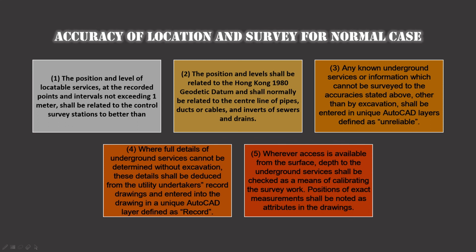This detail shall be obtained from the utilities undertaker's record drawings and entered into the drawing in a unique AutoCAD layer defined as record. And lastly, wherever access is available from the surface to the underground, the survey shall be checked as a means of calibrating the survey work. Position of assets measurement shall be noted as attribute in the drawings.